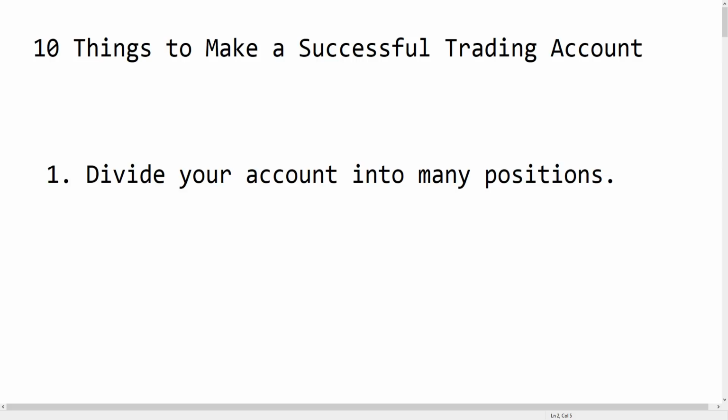So the first one: divide your account into many positions. A lot of people say, why should I divide my account into many positions? I just buy and sell whatever I want. If I have 10,000, sometimes I put 5,000, sometimes I put 2,000, sometimes I put 10,000 in a stock.